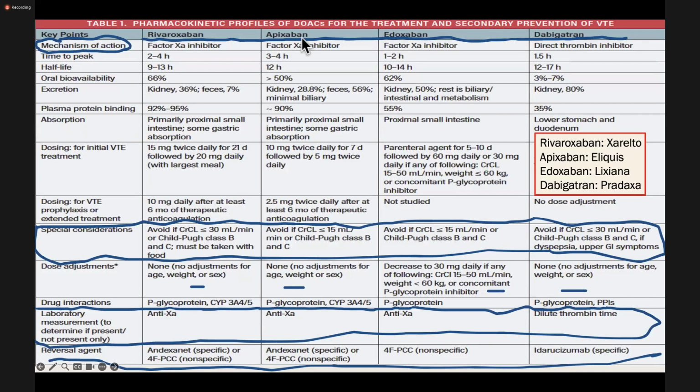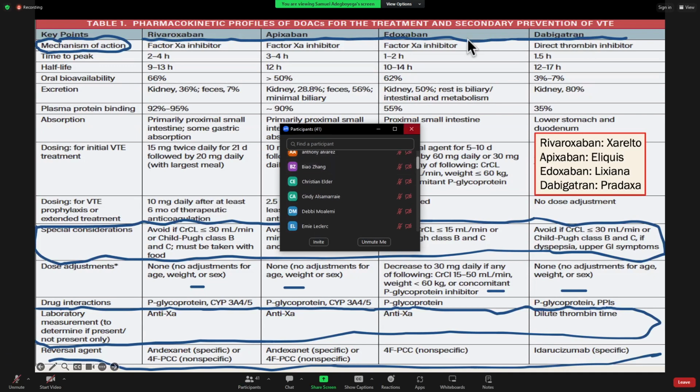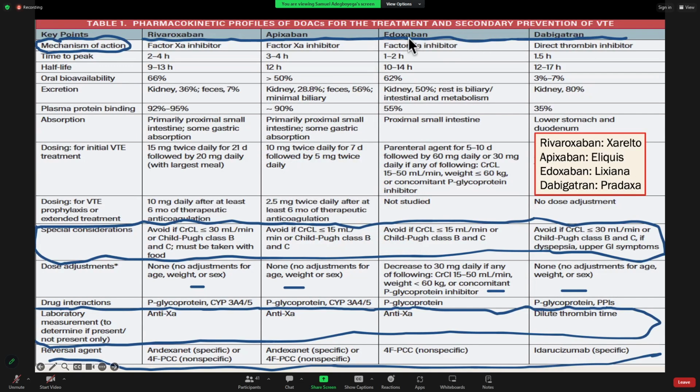It says ban 10A, it's right in the name. When you see ban XA, that is your 10A inhibitors. But your dabigatran and argatroban don't have ban XA, so they are direct thrombin inhibitors.